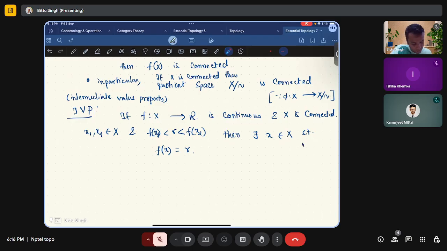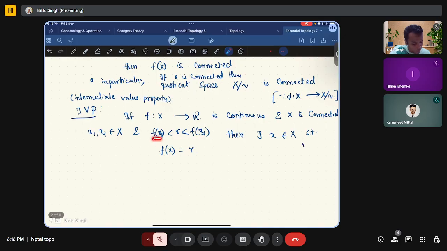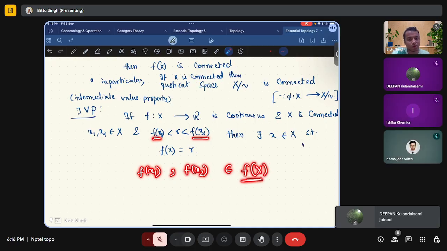So f(x1) and f(x2), those two points belong to this image set f(X). And this image set is also an interval. Interval means if you take any point between f(x1) and f(x2), there is some x whose image will be that point.